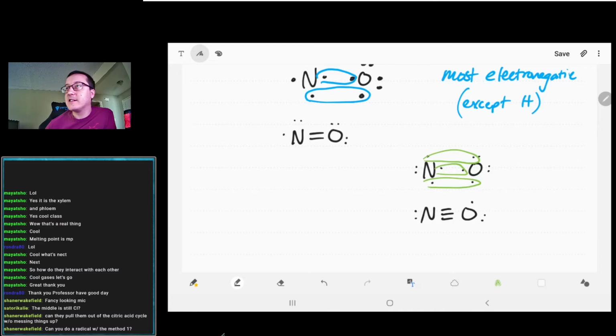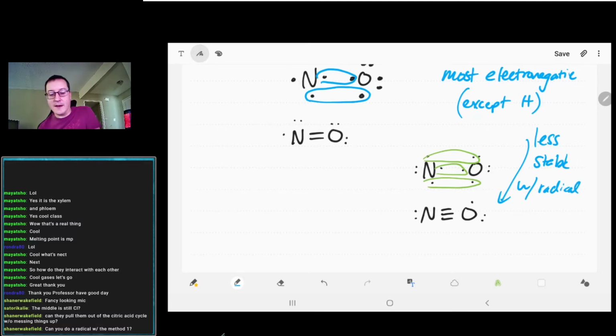I guess it's not necessarily nonsense, but because oxygen is more electronegative, it's going to be less stable. So nitrogen is going to be the better choice there. Just the way it is. So we want our less electronegative atom to accommodate the radical. So that's going to be nitrogen in this case.